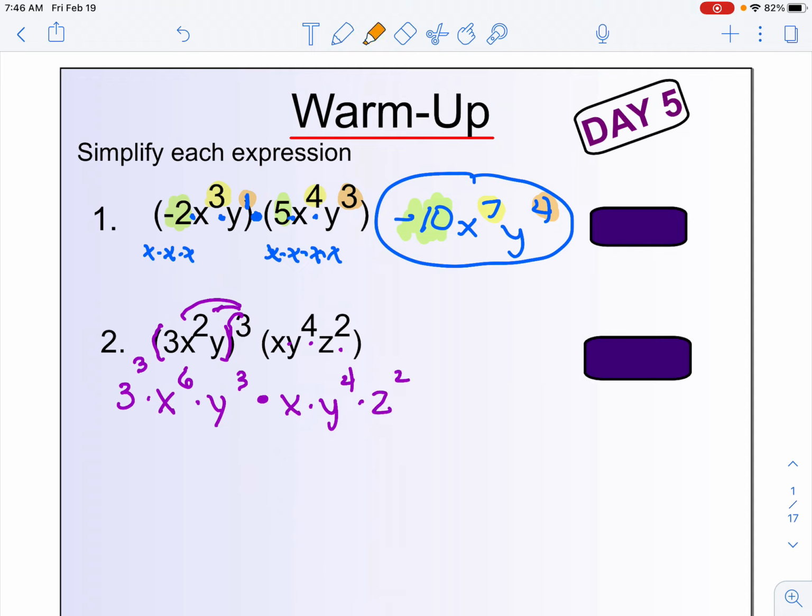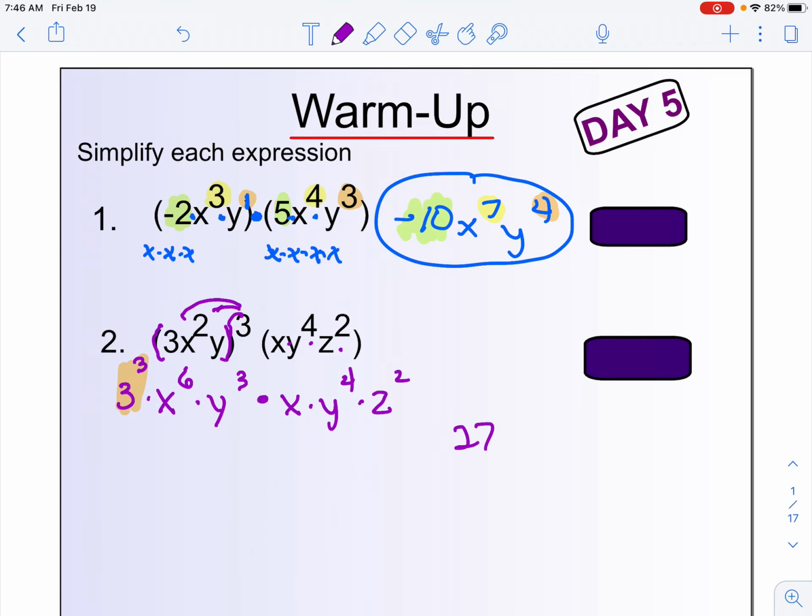So now we're back to the same point that we were at with number 1, and we just multiply all the pieces together. So this right here, you have no other numbers to multiply, and 3 to the third power is going to give you 3 times 3 times 3, which is going to equal 27.